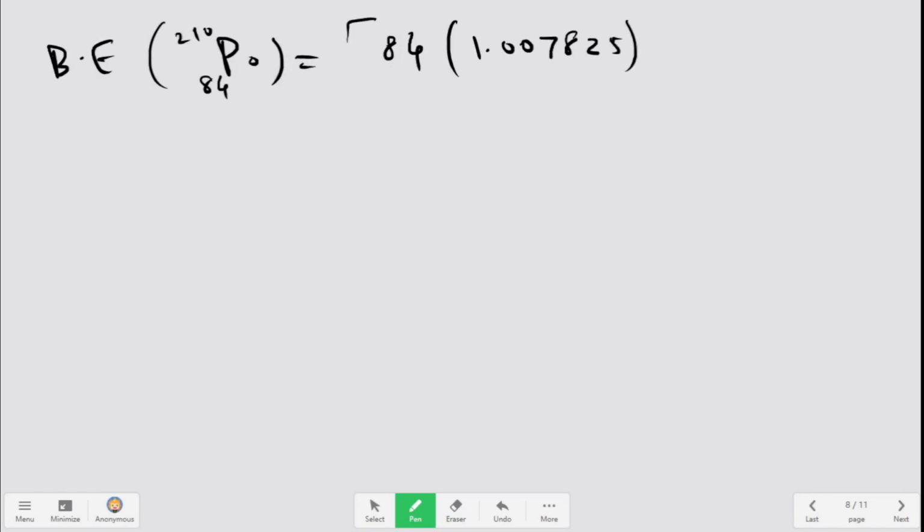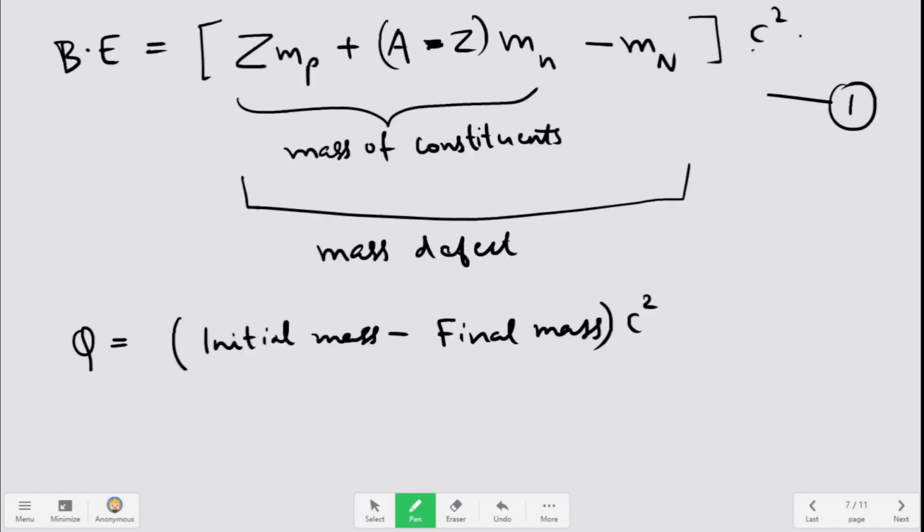Atomic units can be converted to MeV upon C square by multiplying with 931.99 MeV upon C square. There is a C square outside in the binding energy formula, which is this C square.